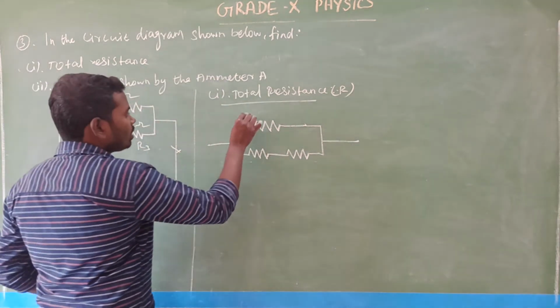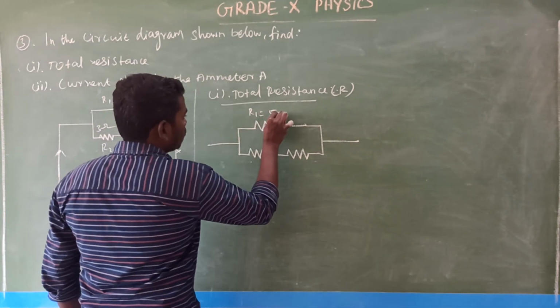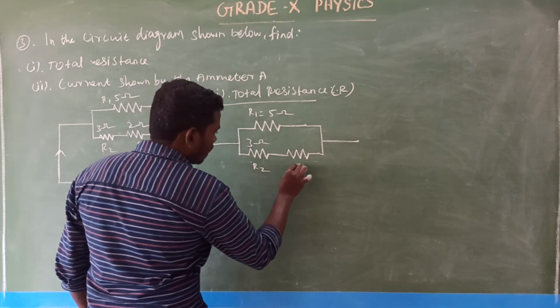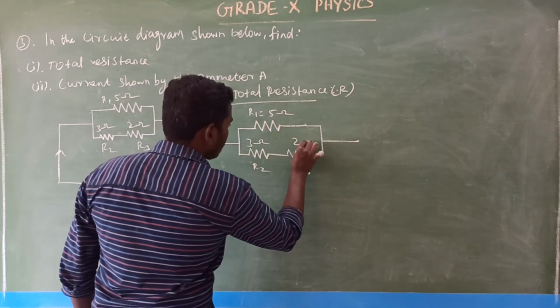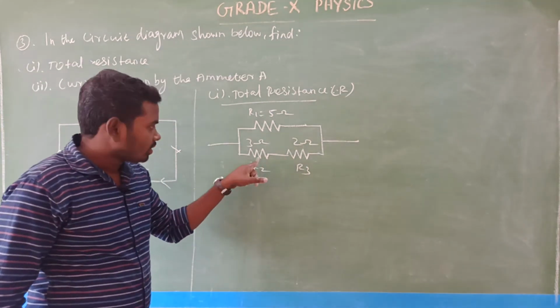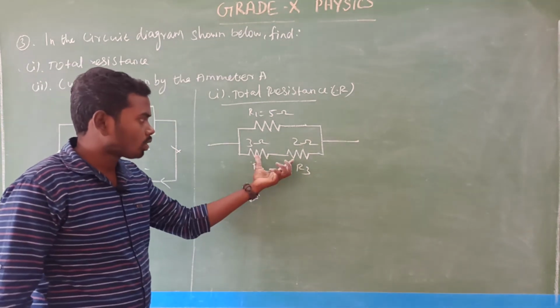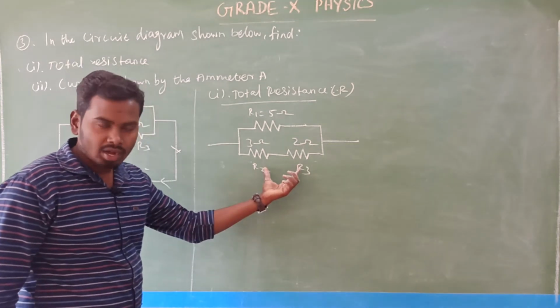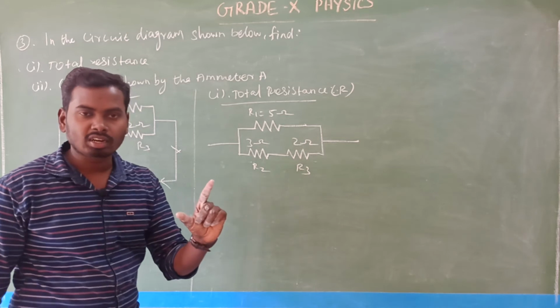The R1 value is 5 ohm, R2 is 3 ohm, and R3 is 2 ohm. Here two resistors are connected in series. This one is in series with that one. So R2 and R3 are in series, so you just add the values and get a single resistance value.